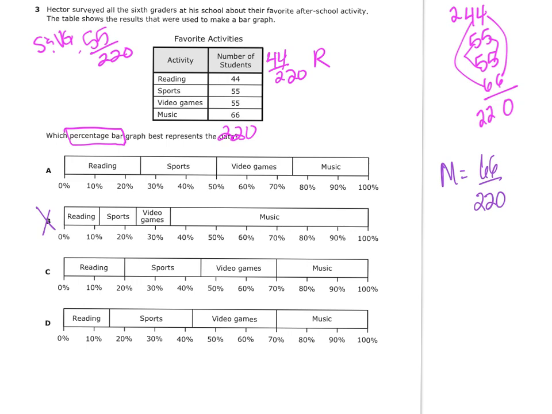Yeah, you could divide both of them by 4. That would be 11 over 55. Now 11/55, is that easier to divide now? Totally. So you're going to take 11, divide it by 55.